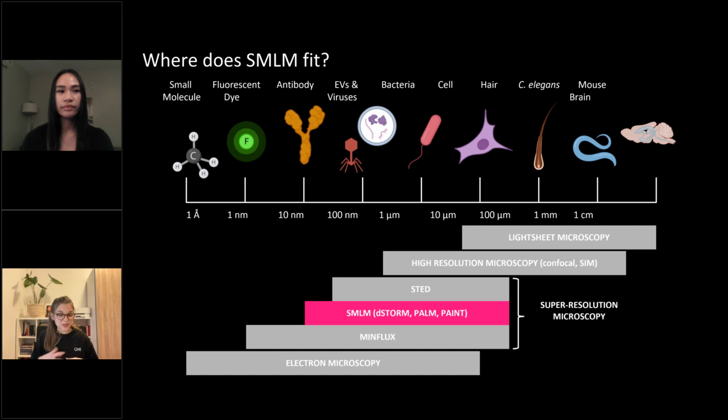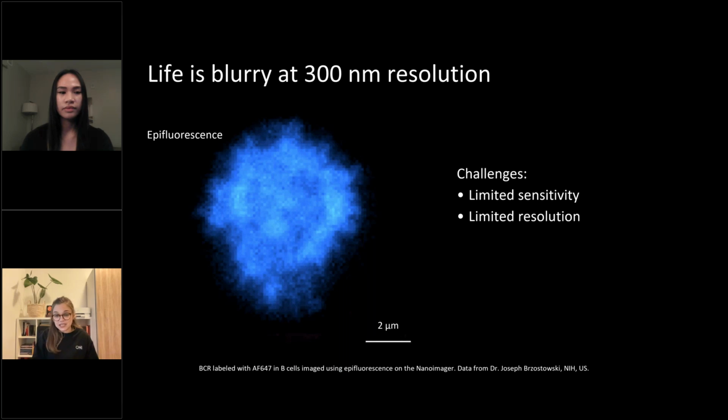So today we want to focus on SMLM, single molecule localization microscopy, and why it is beneficial and how you can apply it to your research. In the first instance, have a look at your structure of interest. Here we display a cell that is labeled with fluorescence. In this specific case, some cell receptors, so surface markers, were labeled.